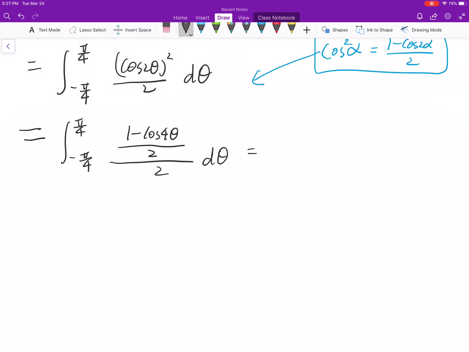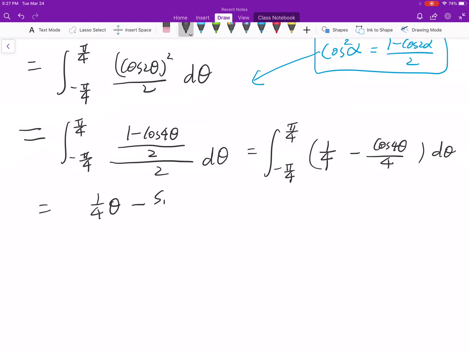So this is the integration of 1/4 plus cosine 4 theta over 4. So this is 1/4 theta plus sine 4 theta divided by 4 times 4, evaluated at the 2 endpoints.